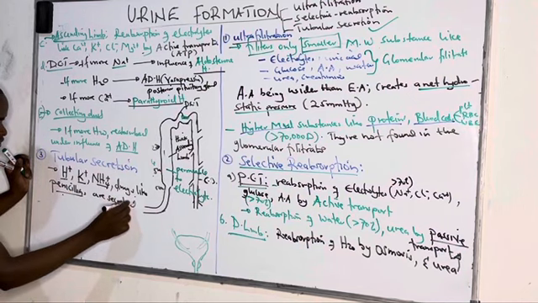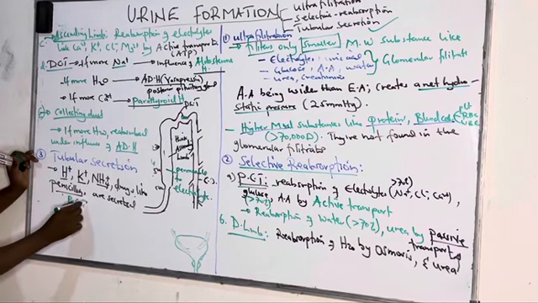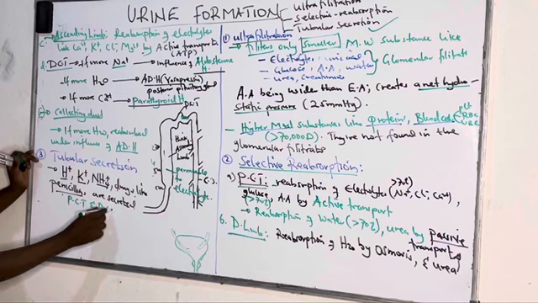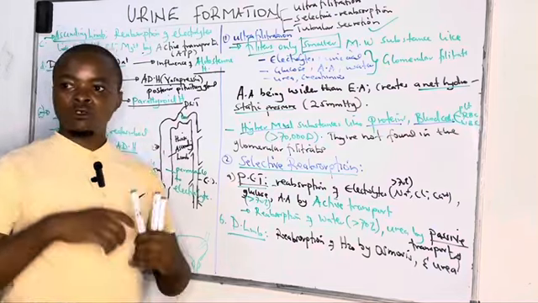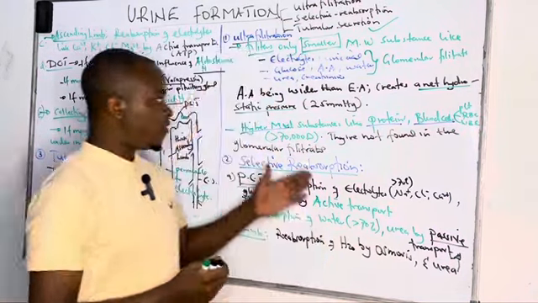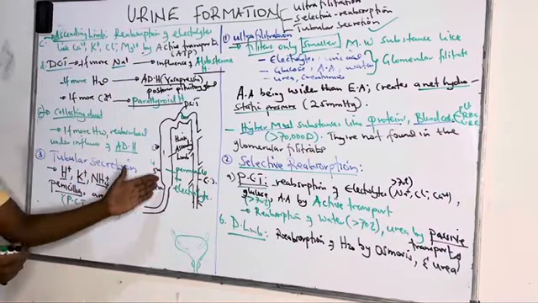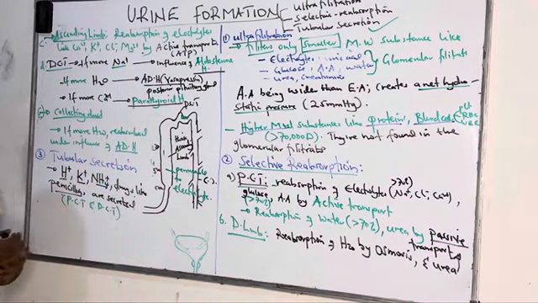And they are secreted majorly in the proximal convoluted tubule and the distal convoluted tubule. These are the major sites where these secretions occur. So that is what you discuss under tubular secretion: as the filtrate is moving via the nephron, there are some more substances being added.